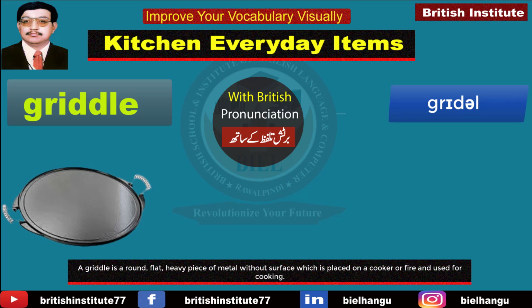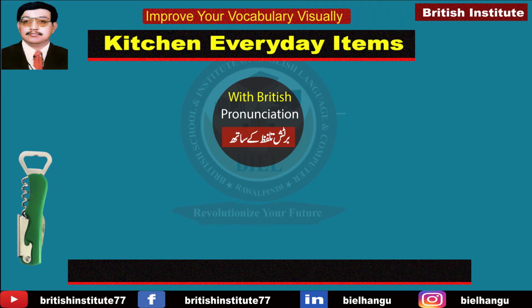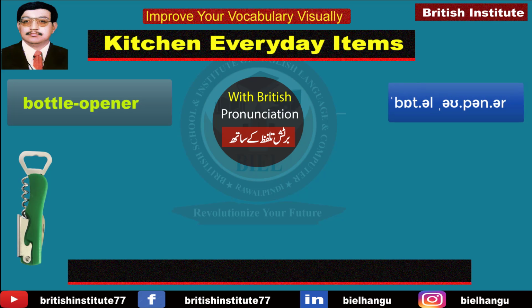A griddle is a round, flat, heavy piece of metal without surface which is placed on a cooker or fire and used for cooking. Bottle opener. A bottle opener is a metal device for removing caps or tops from bottles.